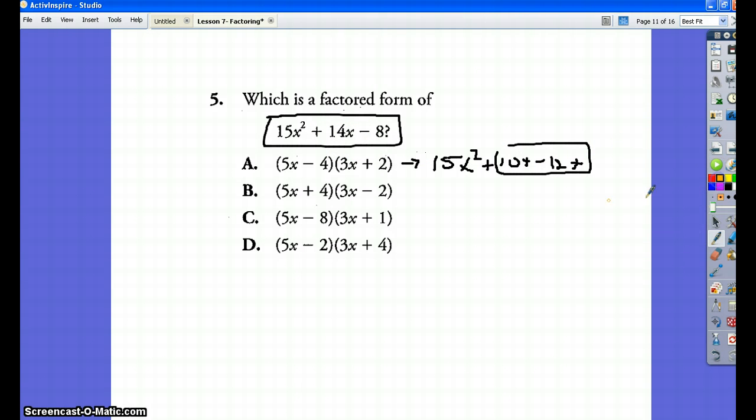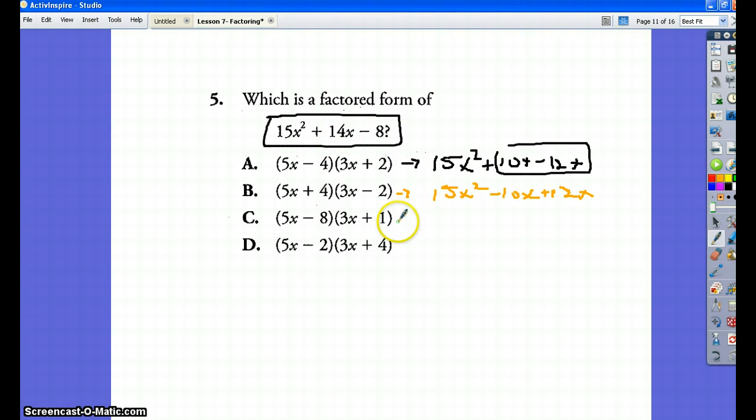So let's do another one. So 15x squared is my first terms. That's going to be minus 10x plus 12x. I can stop right there because I know that if I was to combine like terms, that's going to equal positive 2x, sorry, and we want that to equal plus 14x, so it's not going to be that one.